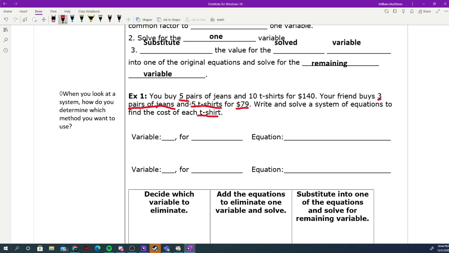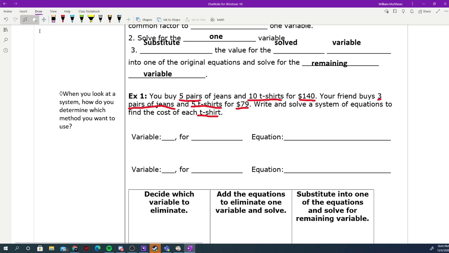And we know that you had 5 pairs of jeans and 10 shirts for a total of $140. In this case, in comparison to our other video, we're not given one total cost, but we're given two different transactions. We're given your transaction, you purchasing the clothing, and then your friend's value. So we need to make sure that we keep those together.